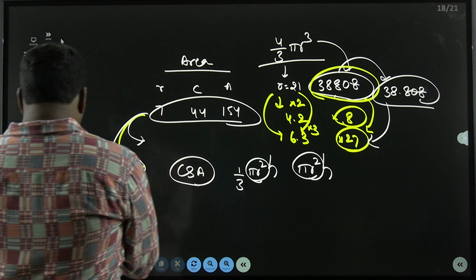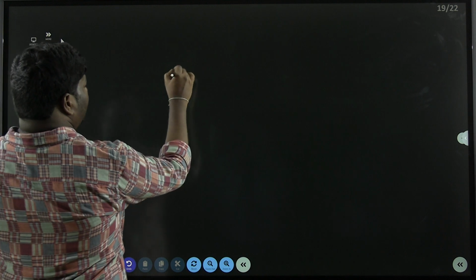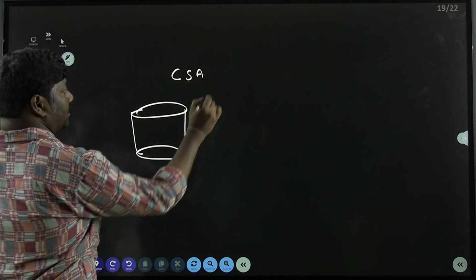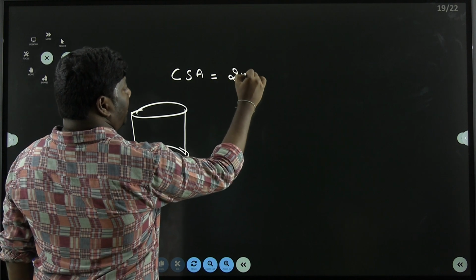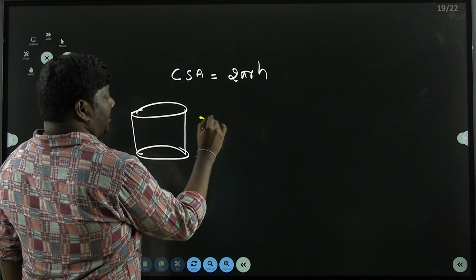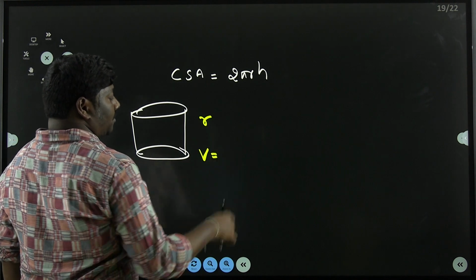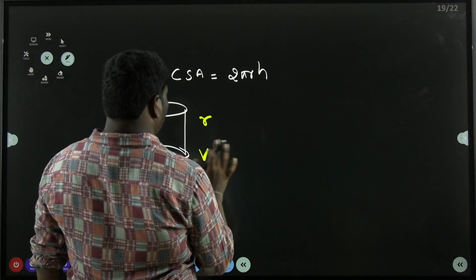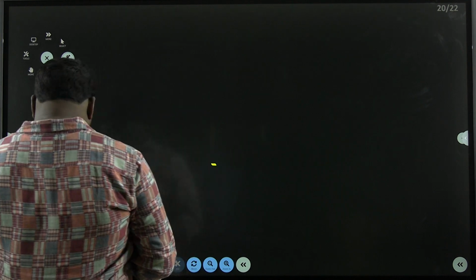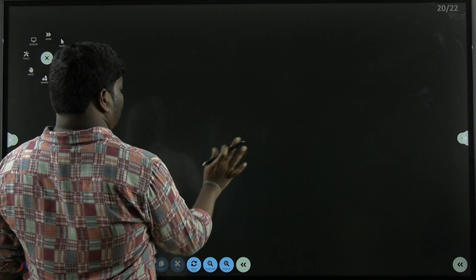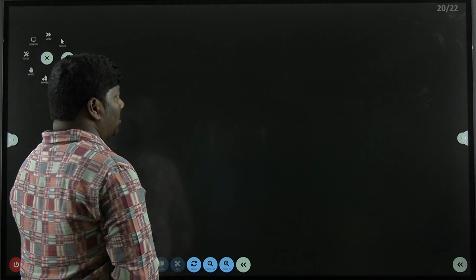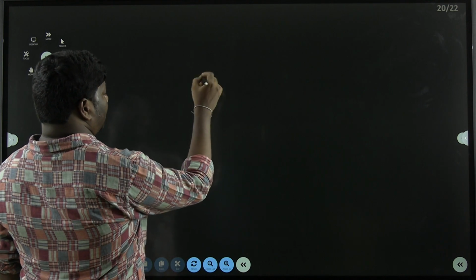In one more question, he gave you the curved surface area of the cylinder, which means 2 pi rh, and they gave you the radius, and he is asking you the volume.